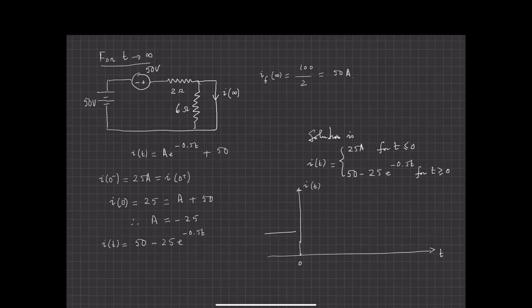Well, it's sitting at 25 amps. Where is the circuit going? Well, it's going to 50 because this forced solution is 50. So it's going to 50 amps. How is it going to 50 amps? Well, it's going this way.